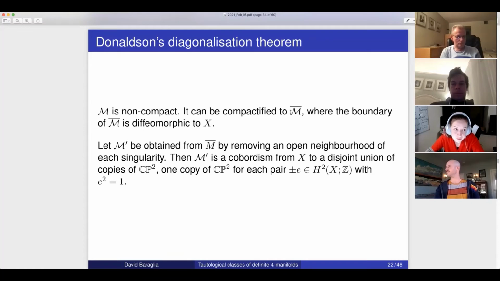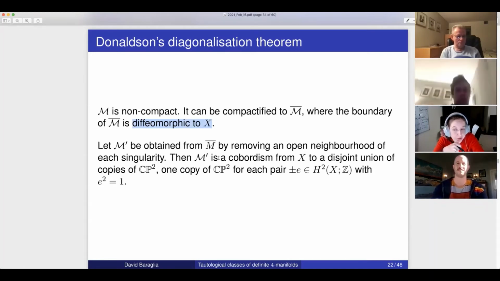So you compactify by adding a boundary, which is just a copy of X. And then that gives you a cobordism, because you remove a neighborhood of each singularity, and then you'll get a cobordism from X to a disjoint union of copies of CP2. And the number of copies of CP2 is exactly the number of pairs plus minus E that square to 1.